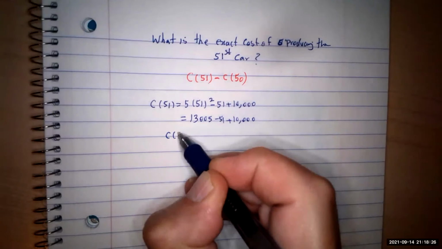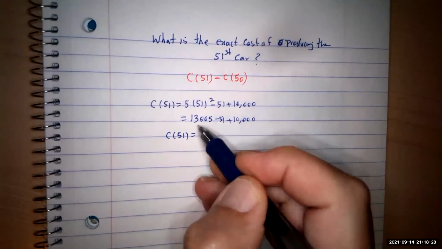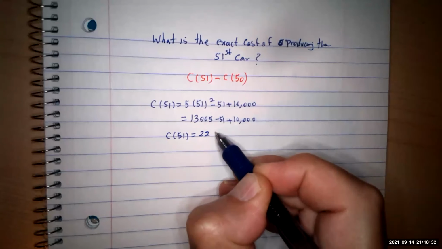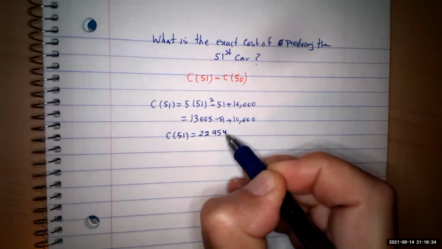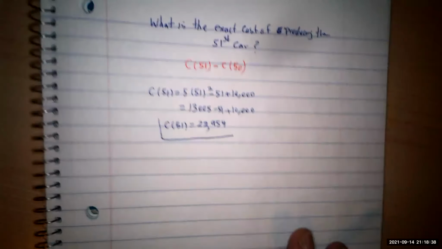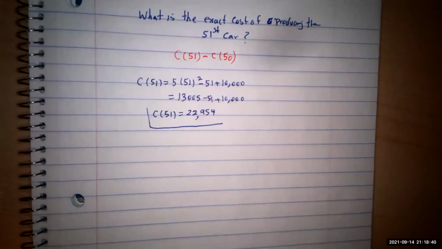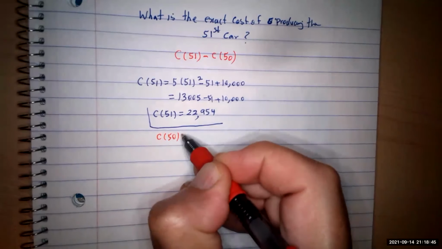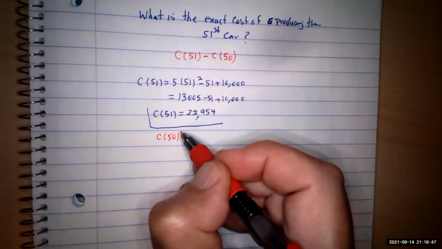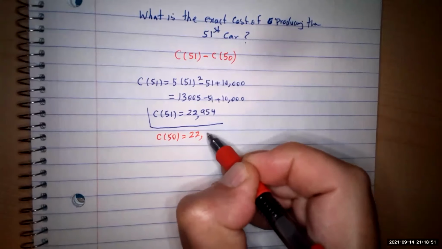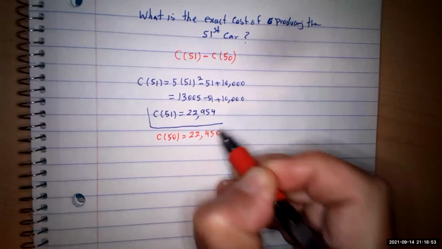So the total cost of producing 51 cars is going to be 22,954. This is the cost of producing 51 cars, remember? And we did have C of 50. We found it in the first part. C of 50 was 22,450.